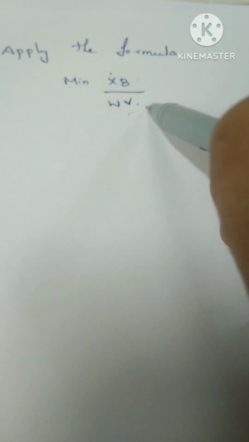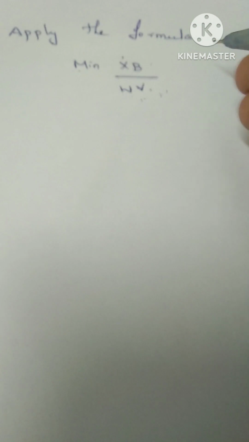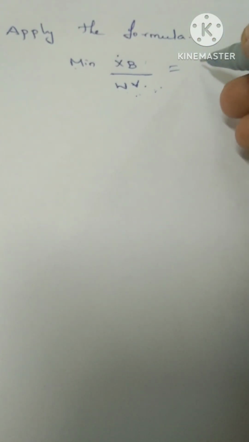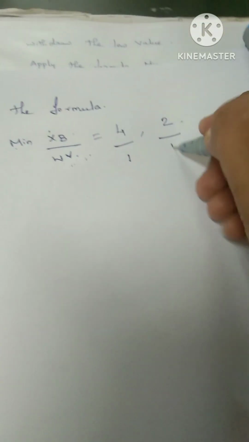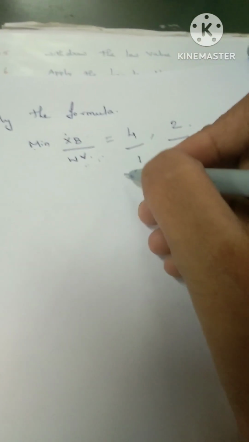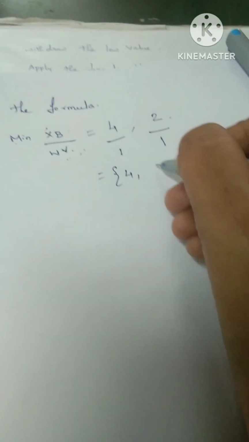Here the xb values in the table are 4 and 2, and the withdraw values for x1 are 1 and 1. The xb is 4 and x1 is 1; the xb is 2 and x1 is 1. So we divide and find the values 4 and 2.